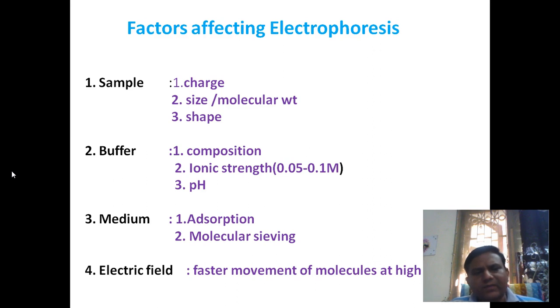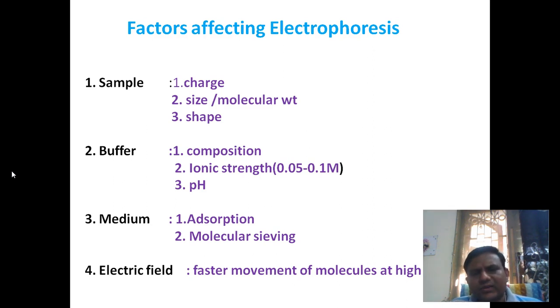That's why, whenever we use a high ionic strength buffer in electrophoresis, your molecule migrates toward the oppositely charged electrode with a slow speed.